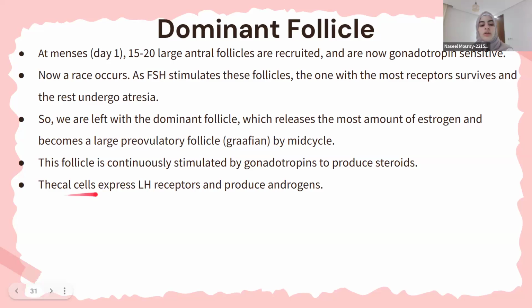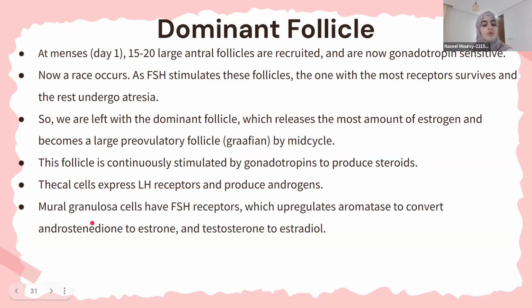Again, the thecal cells express LH receptors and produce androgens, while the mural granulosa cells have the FSH receptors, and this stimulates aromatase to convert androgens into estrogen. So mainly you convert androstenedione into estrone and testosterone into estradiol. Now this point's not important, it's just telling you that when FSH acts on mural granulosa cells, you stimulate aromatase to convert androgens into estrogen.